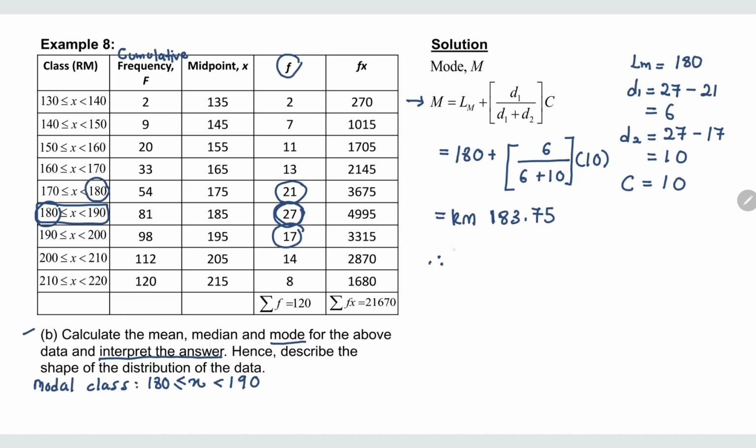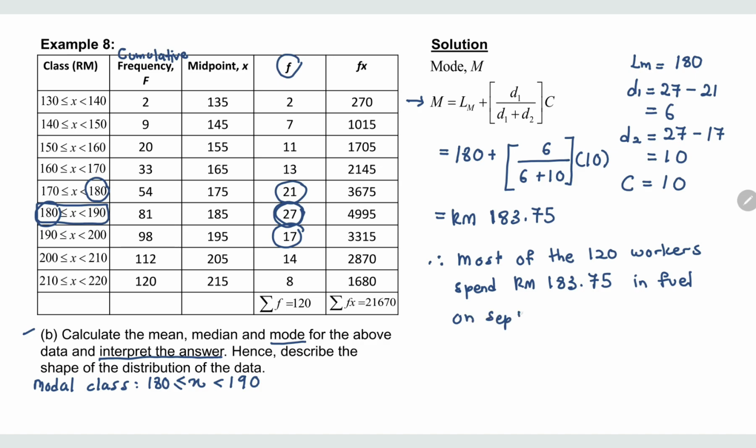To interpret the mode, we can say that most of the 120 workers spend RM183.75 on fuel in September 2015.